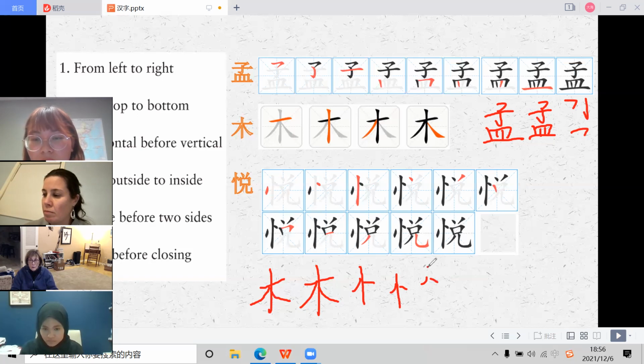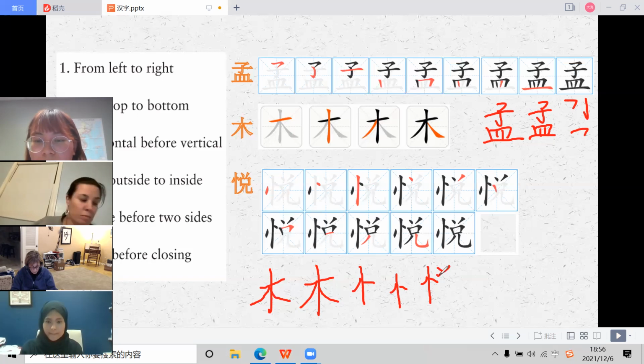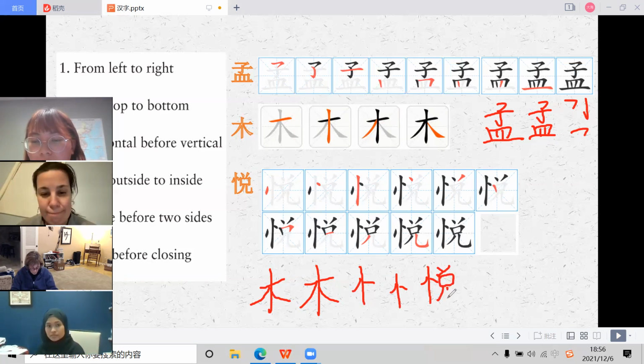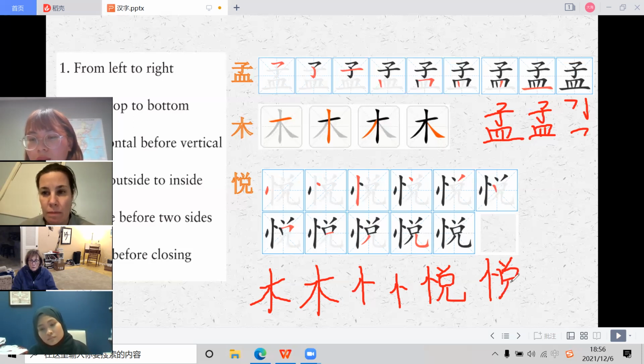From 2 sides to middle, and this from top to bottom. 2 sides to middle, top to bottom, like this. Yes.